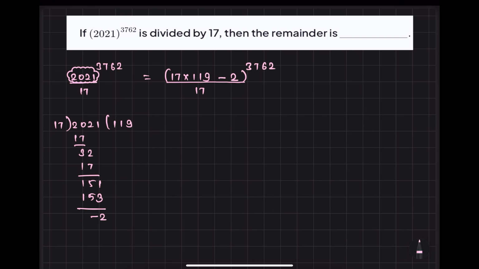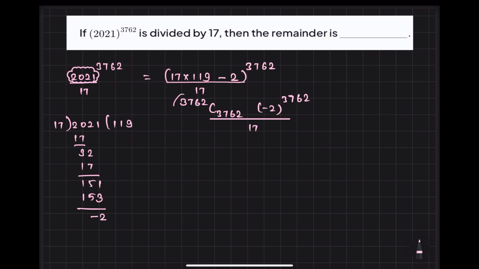And the element in which this 17 is not there will be the only element which is not divisible by 17 and will produce some remainder. So in the last term we will have this element as absent, and that will be 3762 C 3762 minus 2 power 3762, divided by 17.